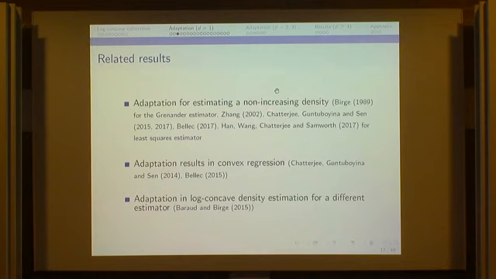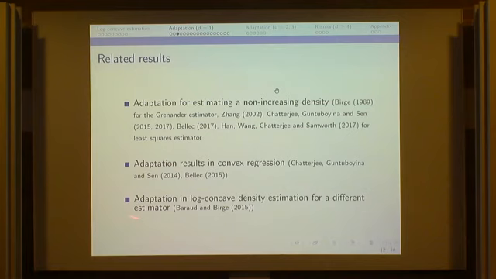So this is a non-increasing shape, and for the convex shape, the convex regression case, there are also some adaptive results. In the log-concave density estimation case, Baraud and Birgé proved some adaptive property, but with a different estimator.